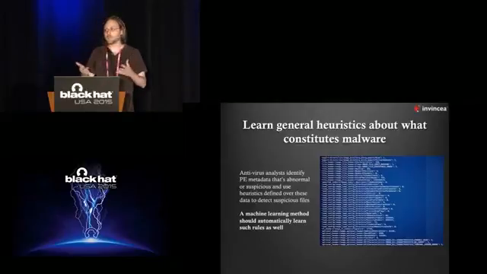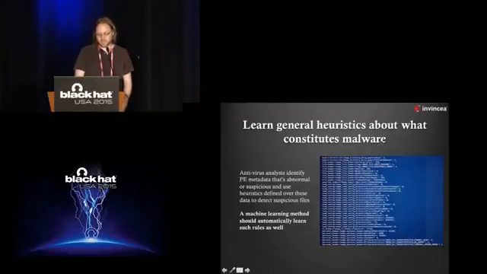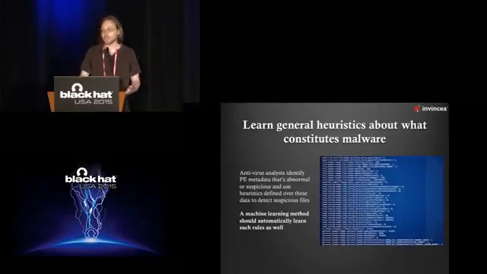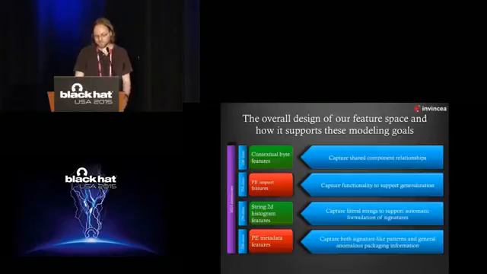All Windows programs are wrapped in this file format that has headers and fields that describe how much memory should be allocated and when imports should come into the file. So a good machine learning system should decompose the file into these same attributes, and then learn from a large amount of data what suspicious looks like. That's the third modeling goal that we had in building our system.